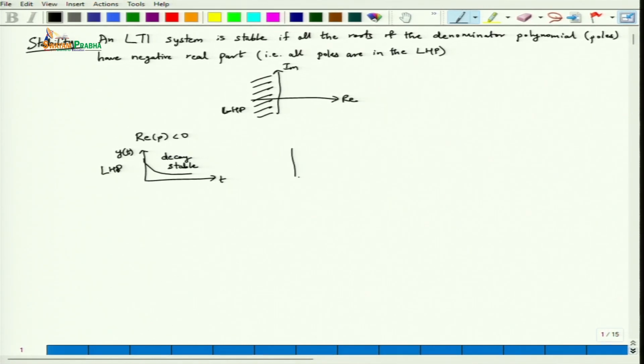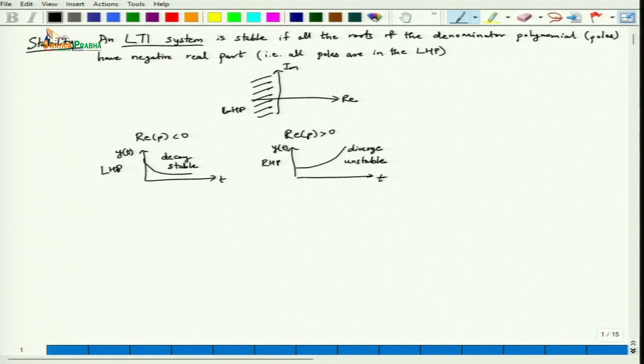If we are in the RHP, that is the real part of the pole is greater than 0, what you will see is the response looks something like this. So basically this is diverging, and this represents instability. So this is the definition of stability for an LTI system.